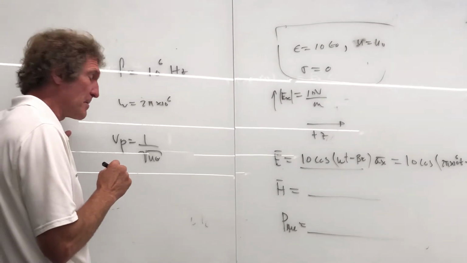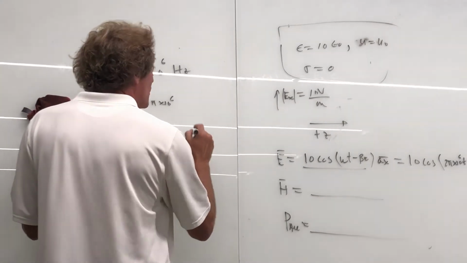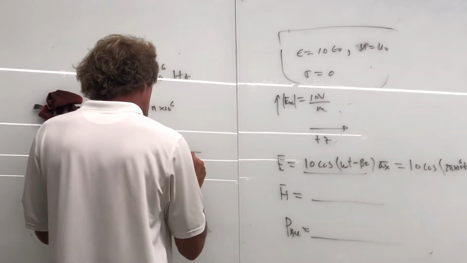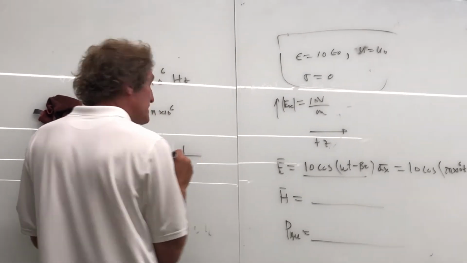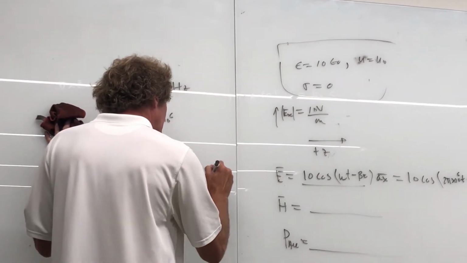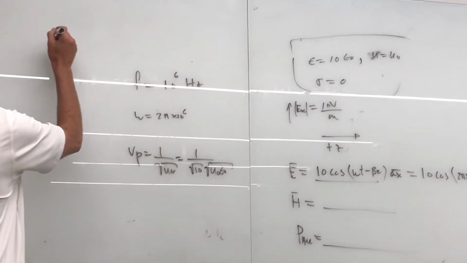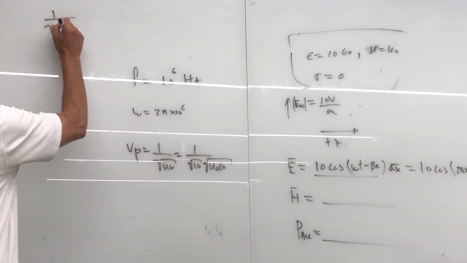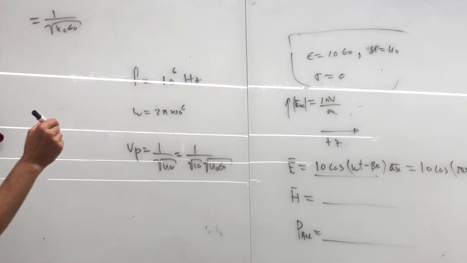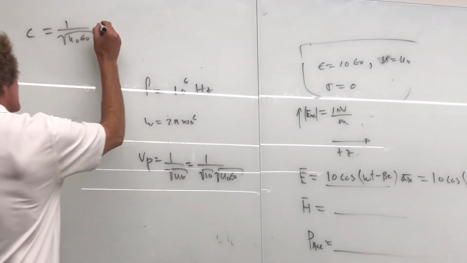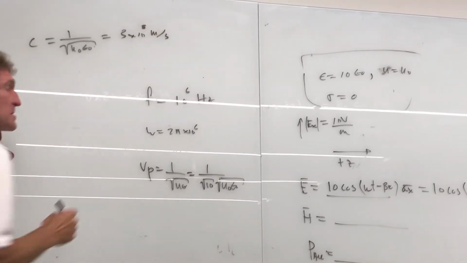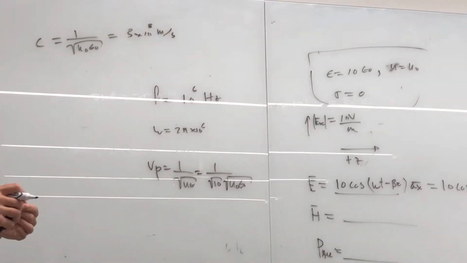And that's 1 over the square root of 10 times the square root of mu naught epsilon naught. And what do we call 1 over the square root of mu naught epsilon naught? Do you remember, anyone from physics? That's the speed of light. That's c, 3 times 10 to the 8th meters per second. That's the speed of light, isn't it? Class?